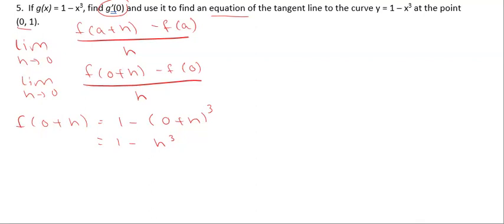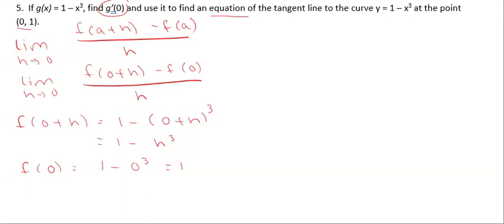Leaving the 0 makes it pretty neat and tidy. So if we look at f of 0 for the second part, that will look like 1 minus 0 cubed, which in this case will just be 1. So it's pretty straightforward in terms of our 0 plus h because it's the 0. Sometimes that works out well.